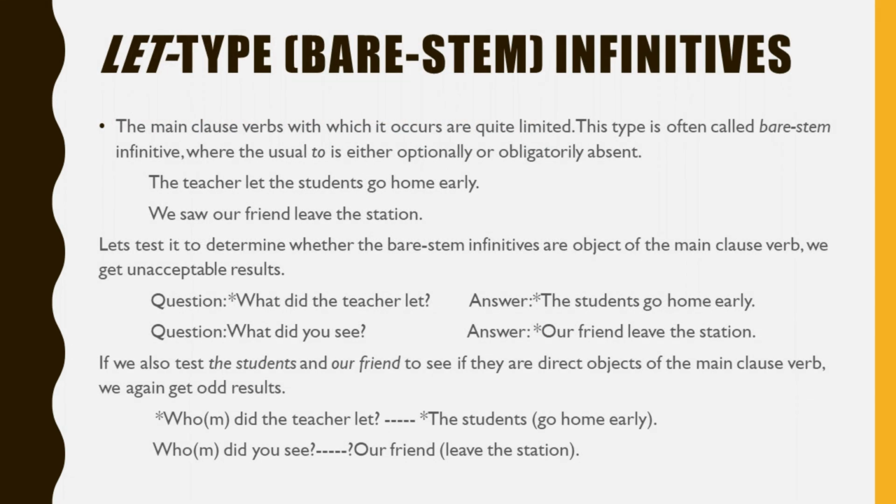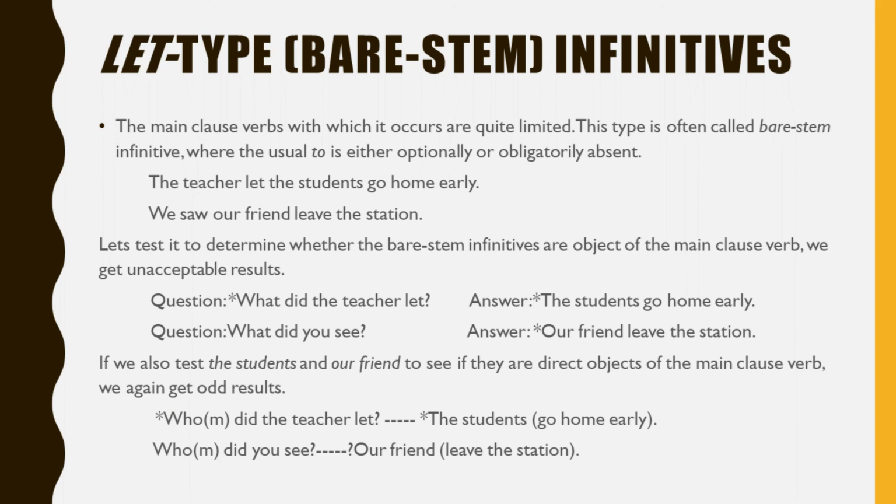The last type of the infinitive complement is the let type, or the bare stem infinitive. The main clause verbs with which it occurs are quite limited. This type is often called the bare stem infinitive, where the usual to is either optionally or obligatorily absent. For example, the teacher let the students go home early.